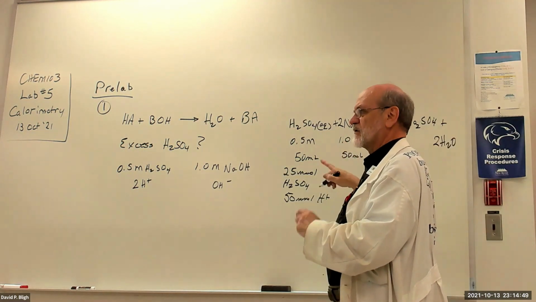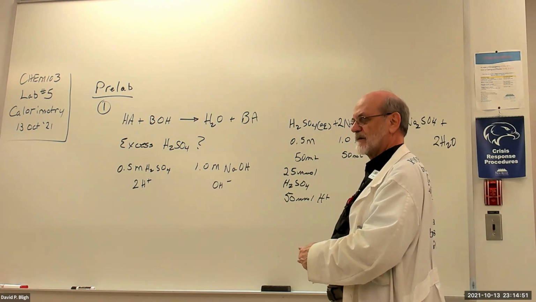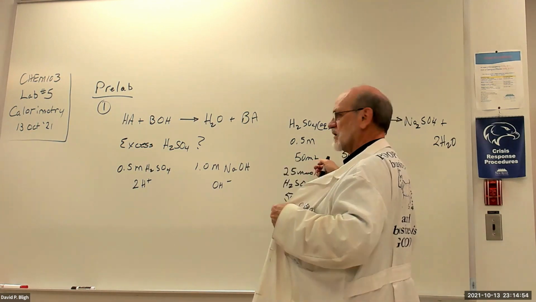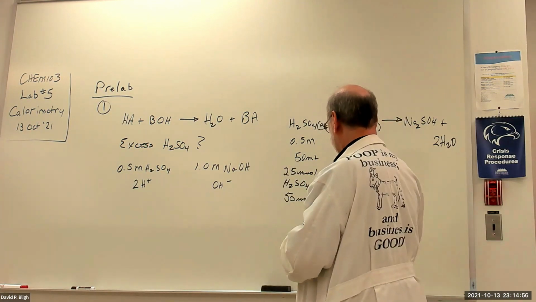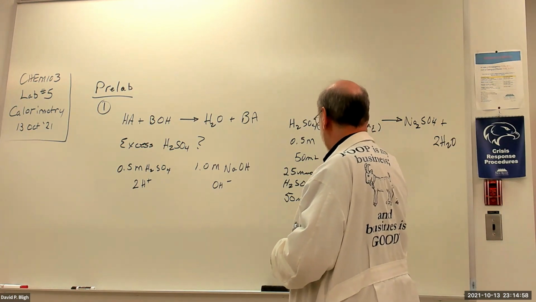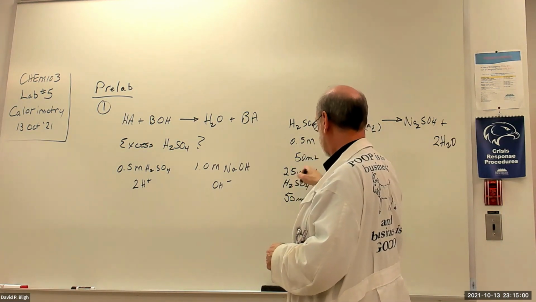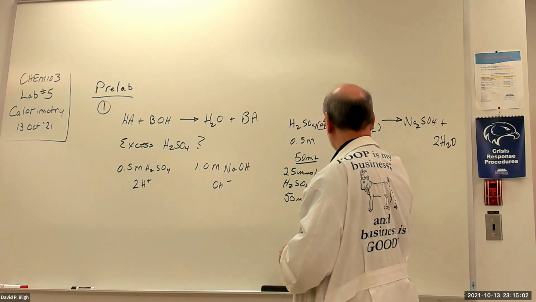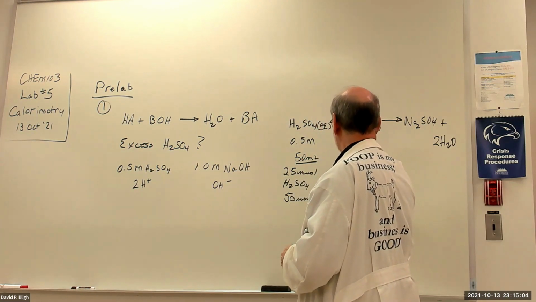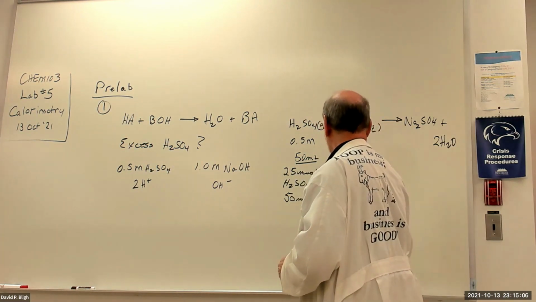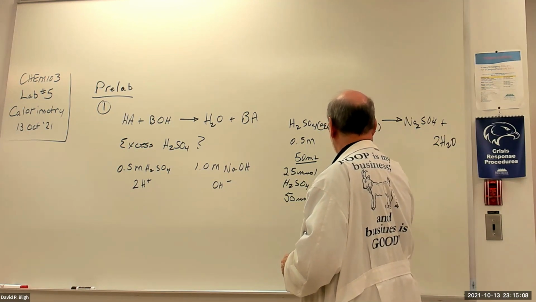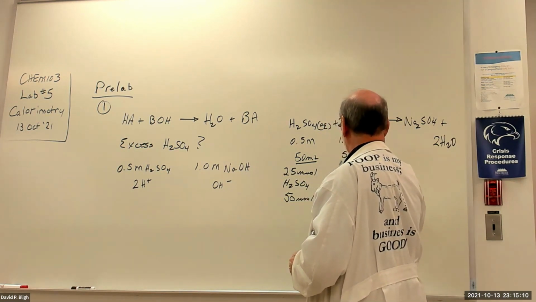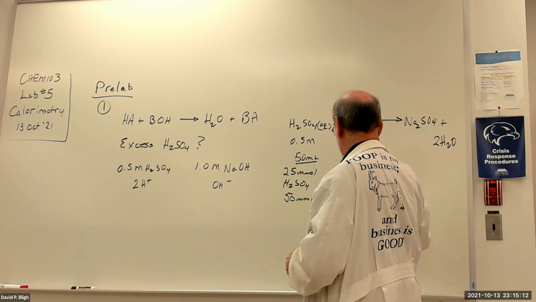Molarity times milliliters is millimoles. That way I don't have to bother changing this to liters. So that's 50 millimoles of hydrogen ions from that 50 milliliters. 50 milliliters of this is 50 millimoles of OH minus.